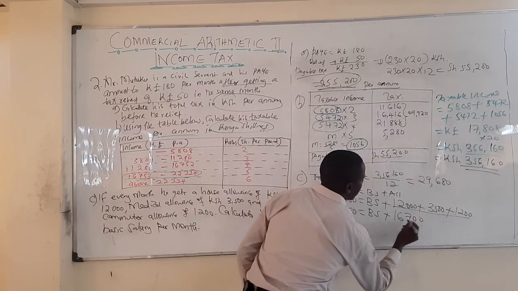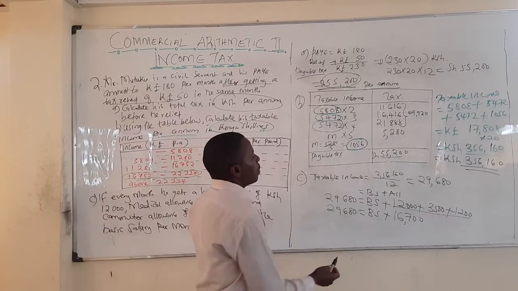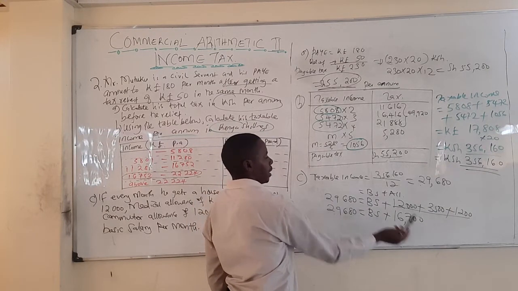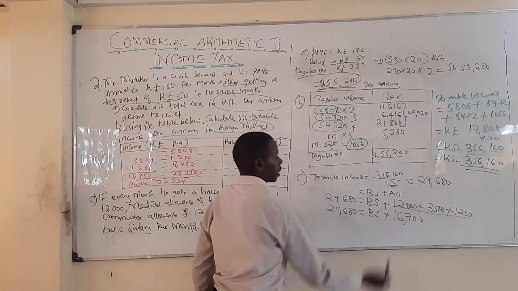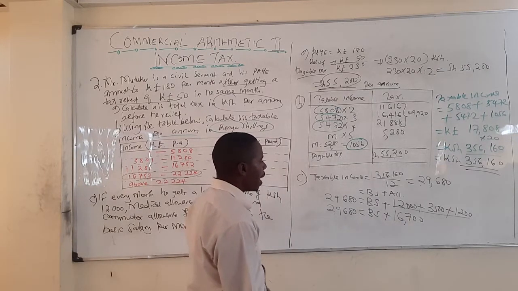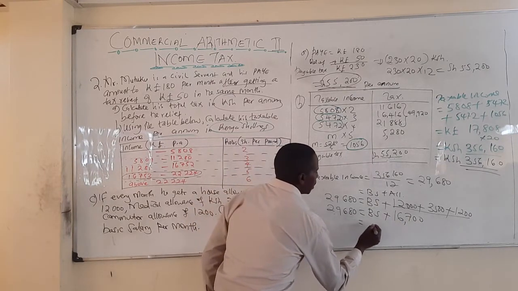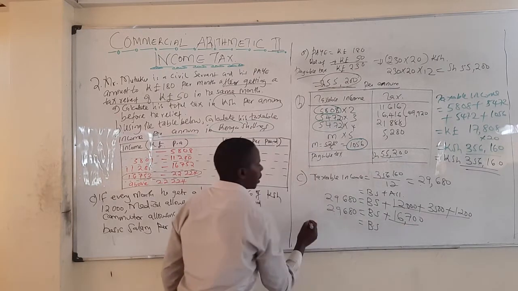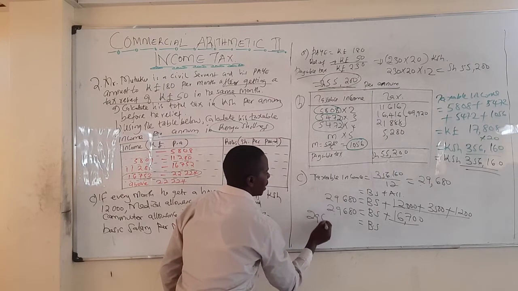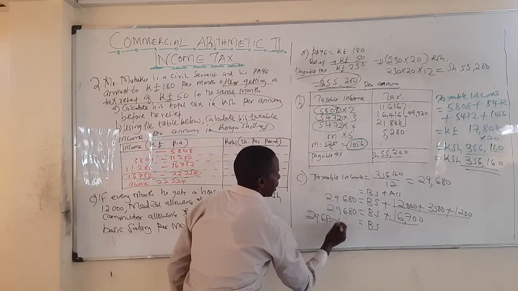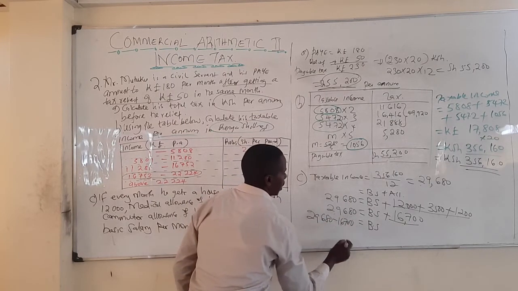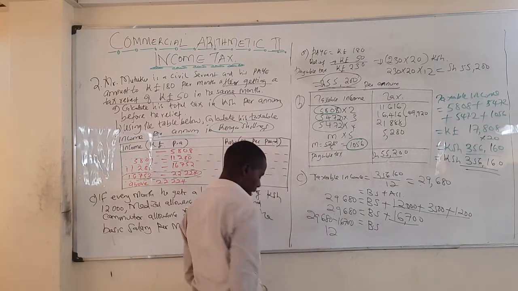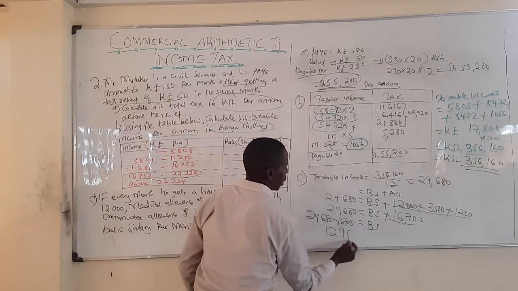16,700. We want to get the basic salary, because this is how you get the taxable income: basic salary plus allowances. So the total of the allowances is 16,700, meaning that the basic salary will be, taking this to the other side, 29,680 minus 16,700, and this is going to give you 12,980.